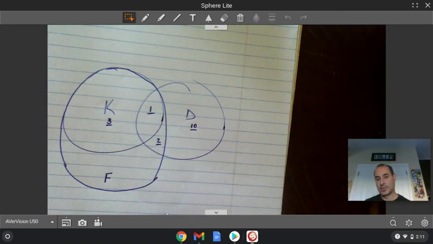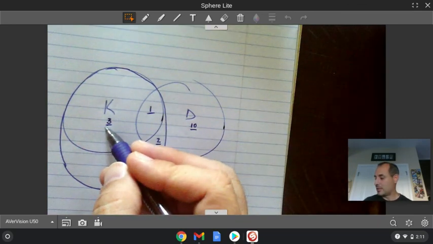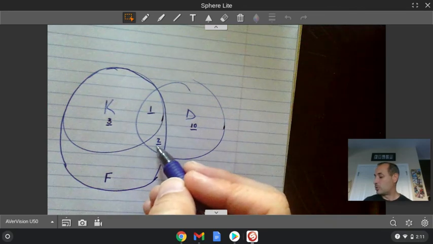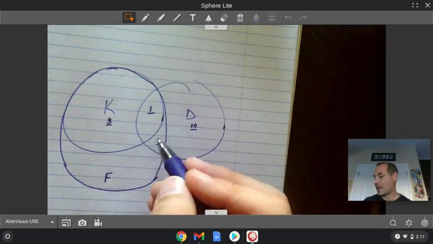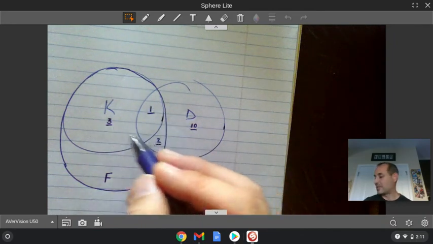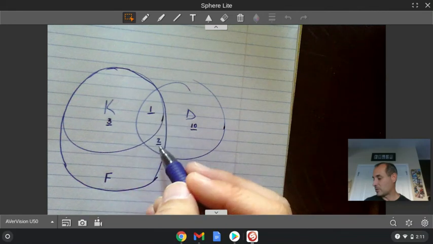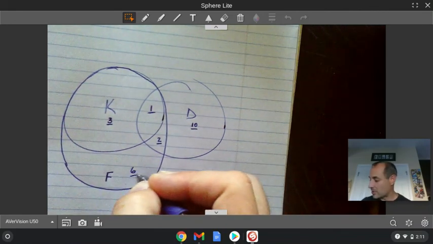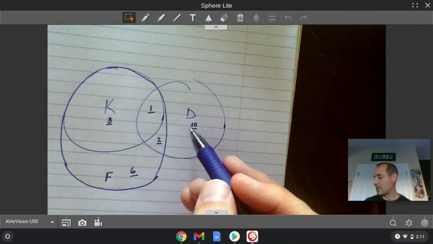So there are 3 kings that are not diamonds, 1 king that is a diamond. There are 2 face cards that are diamonds that are not a king. And right now, I'm currently counting 6 of my face cards. Well, there are an additional 6 other face cards that are not kings and not diamonds.